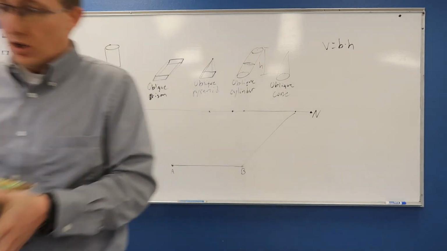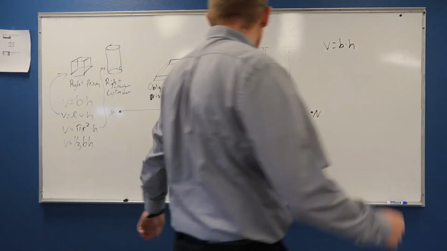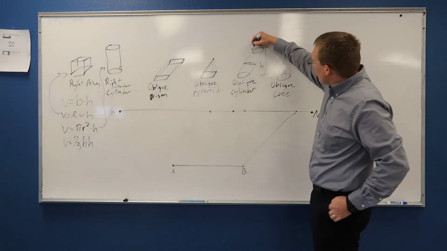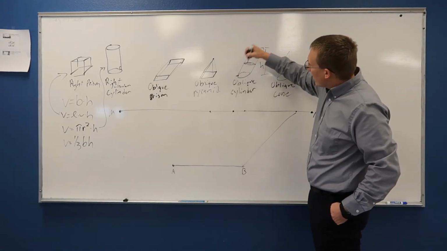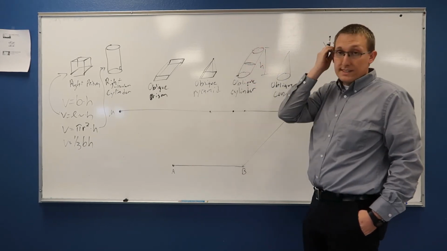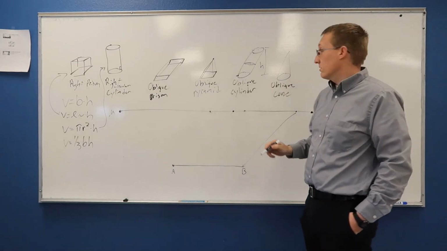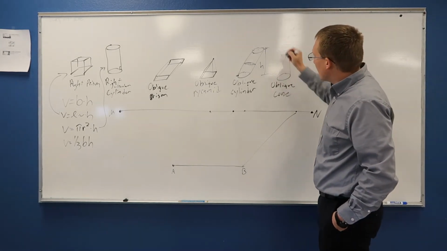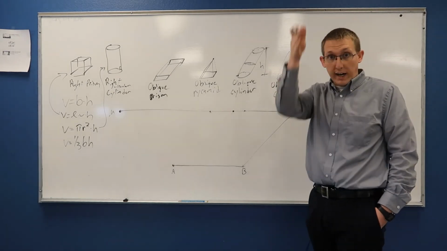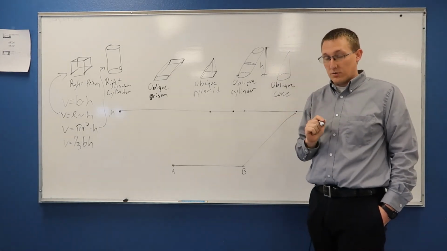So just be careful when you're doing your homework, the distance from here to here, this full line right there, does not equal the height. The height is from the top base to the bottom base straight down, as if it was a right angle. Just be careful about that.